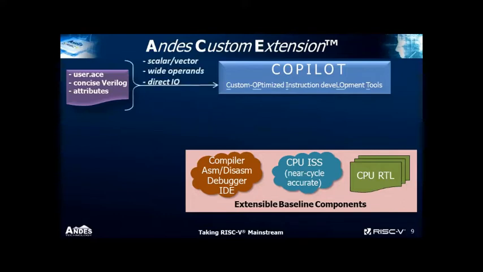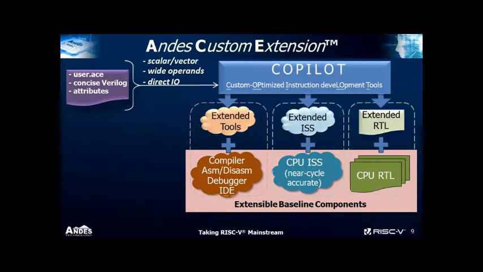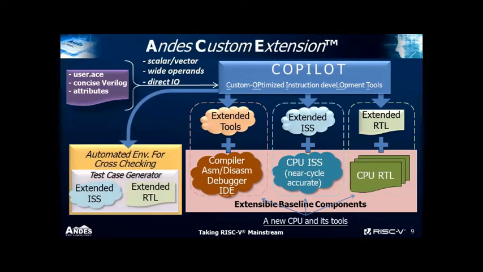And with this file, our EDA level tool COPILOT can generate the extended RTL, extended instruction set simulator, and extended tools, and automatically integrate them with the baseline components to create a new CPU and its tools. At the same time, COPILOT can also generate the test environment to cross-check the extended RTL and extended instruction set simulator to help developers verify their custom instruction.